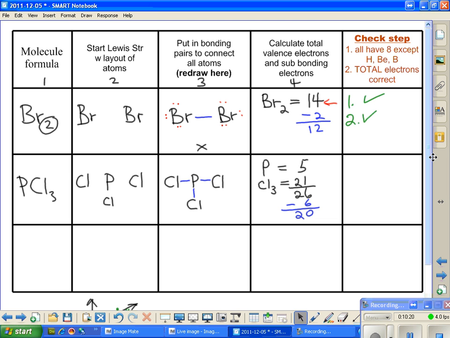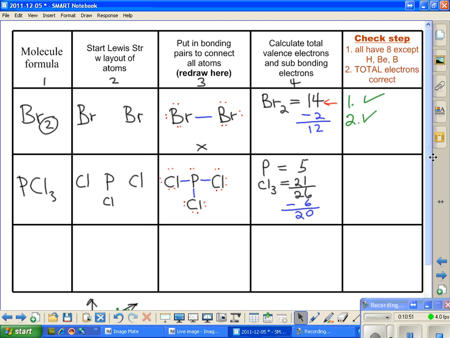Now I'm going to pass them out with red electrons, or red colored dots, and we'll start with the chlorine on the left side. And we're in column 3 right now. So 1, 2, 3, and so on up to 20. We have just passed out all 20 electrons.